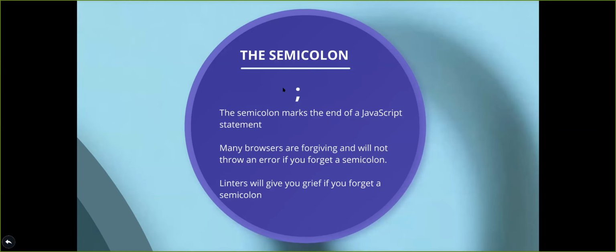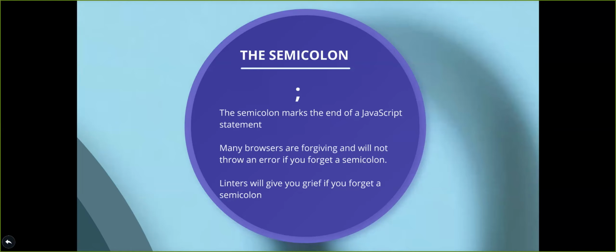Now, the semicolon is very, very important. The semicolon marks the end of a JavaScript statement, right? Many browsers are forgiving, and they will give you a pass if you don't put a semicolon at the end of a JavaScript statement. But in certain modes, that will create errors.